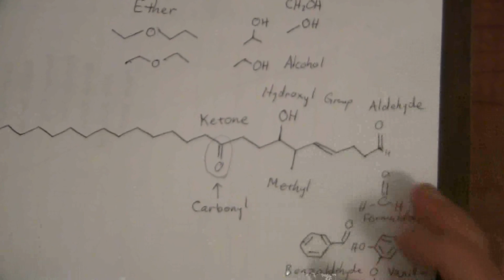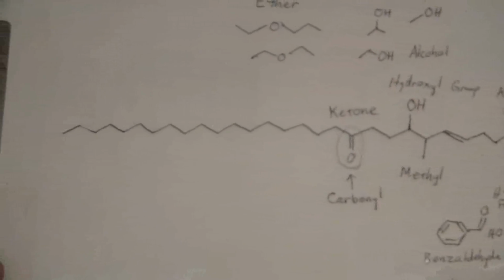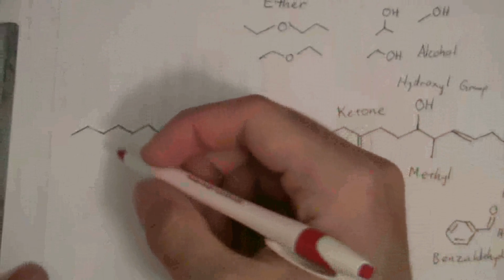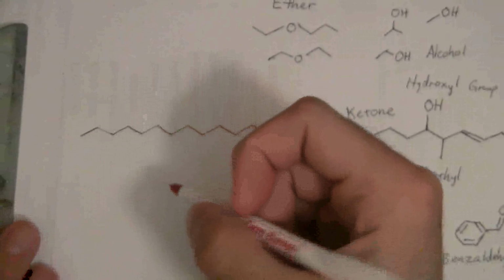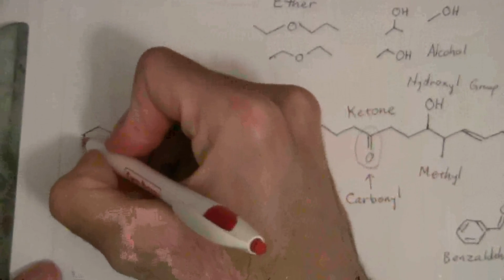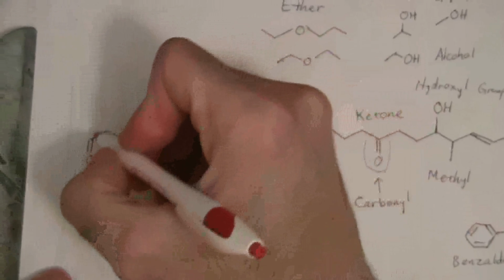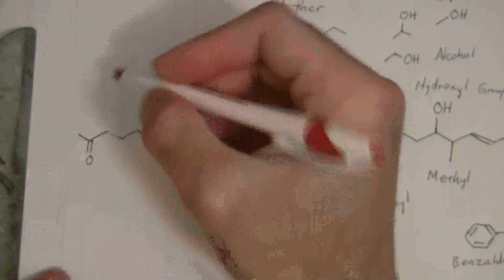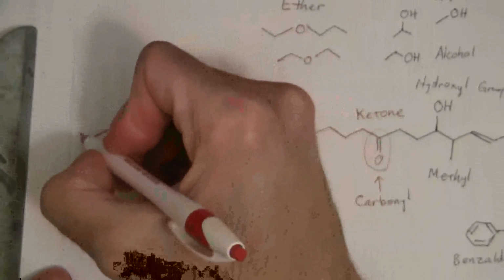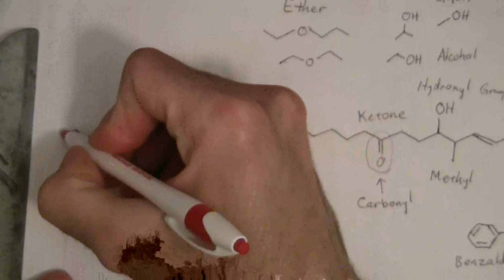Now let's look at another functional group, and this functional group also has a carbonyl carbon in it, but this time attached to that carbon is not another carbon chain, but an OH.